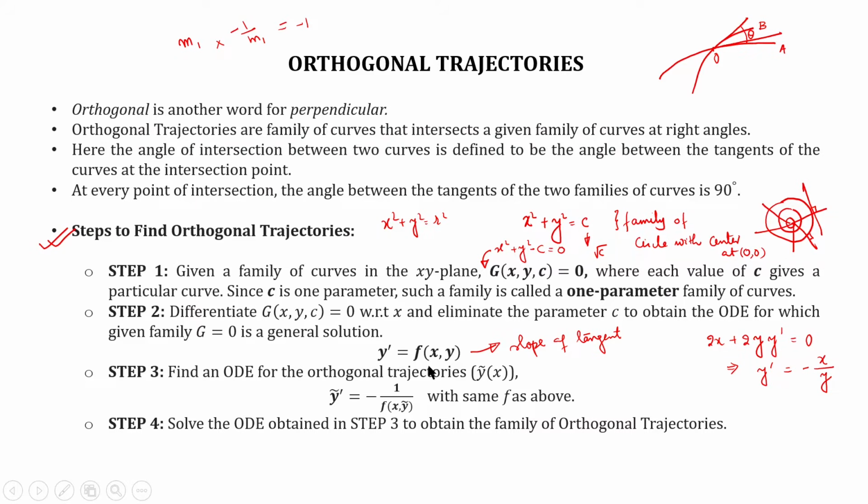So here the first family of curves has the slope of the tangent y dash equal to f of xy. So the second family, or the orthogonal trajectory, would have the slope of tangent minus 1 by f of xy. When multiplied, these two should give us minus 1, because the tangents are perpendicular to each other at the point of intersection.